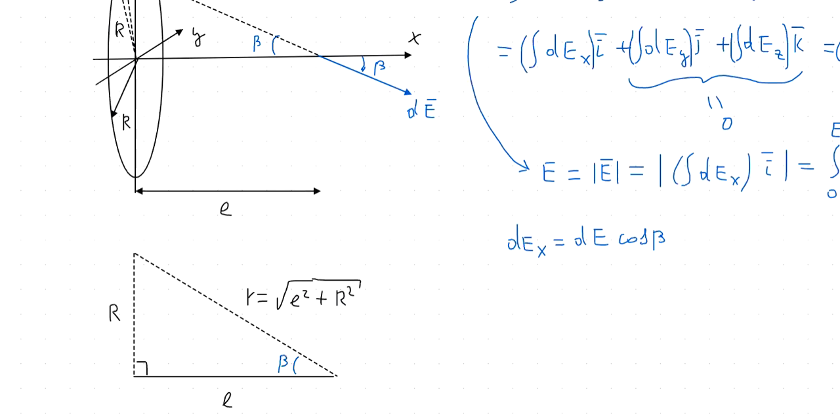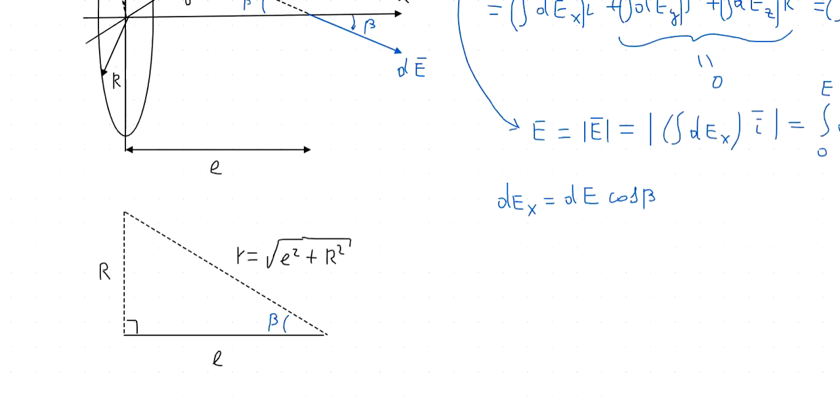Okay, and how to find cosine beta from this picture?